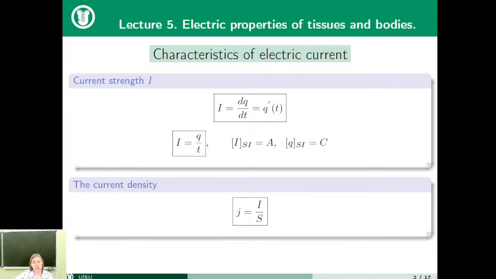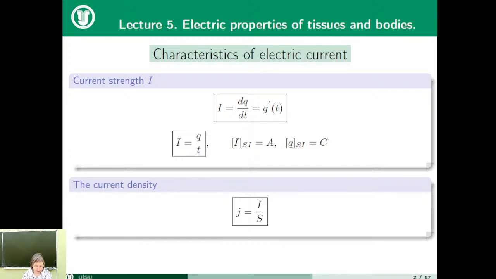We write down I is equal to the ratio Q divided by T. I in the SI system has a unit ampere, and the Q has a unit coulomb.